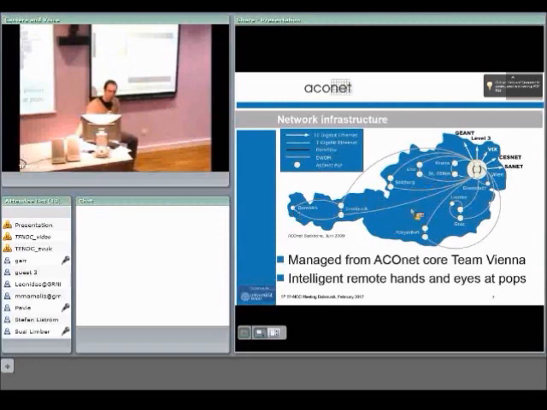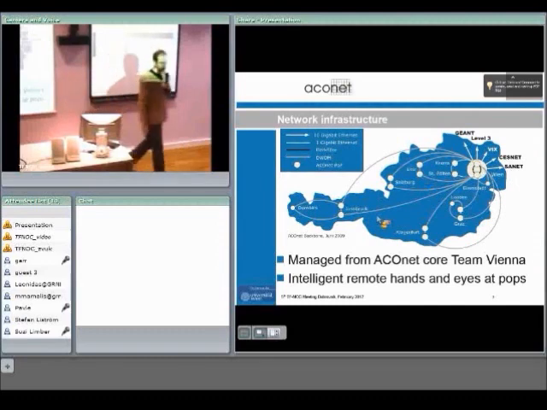So we do not have active equipment here in Dornbirn, Leoben, and Eisenstadt. There are only several gigabit links that terminate directly at the members. The staff I work for is only located here in Vienna, but all of these POPs all over Austria are located at other universities.